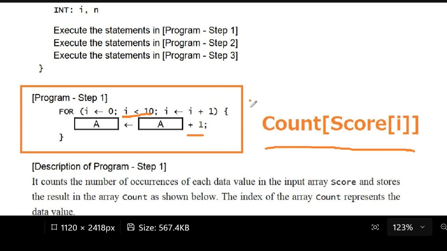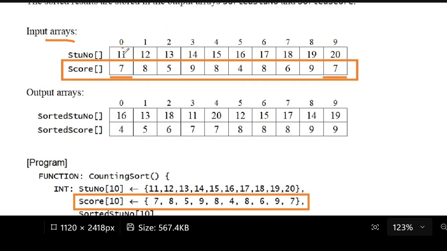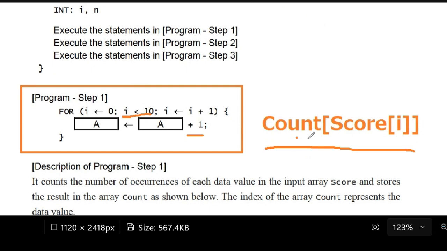Okay, so we go to the diagram. We start off first with 0, and we find that the value for container 0 is 7. That's why when 7 is the value for this part, count would have as its input 7, which means that we are going for container 7 of container count.